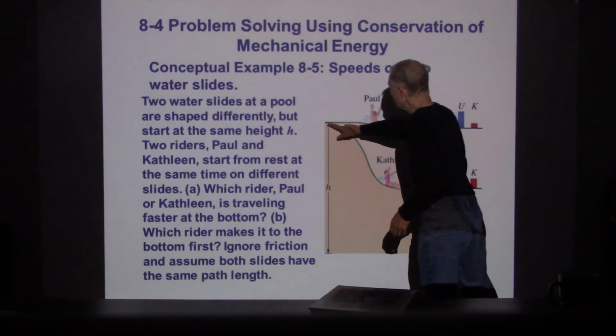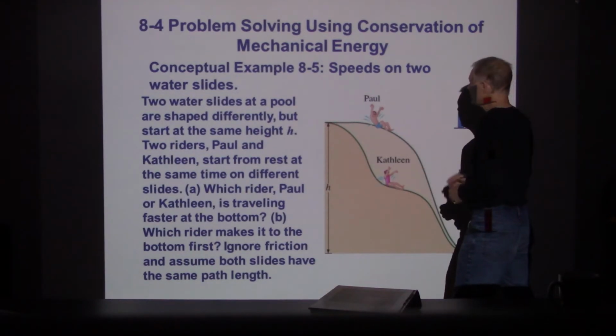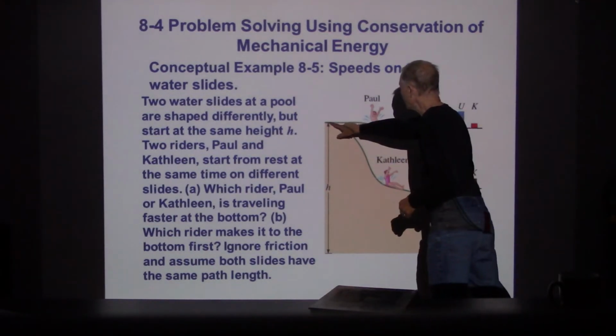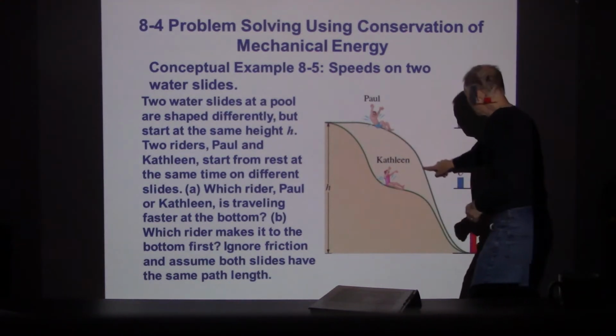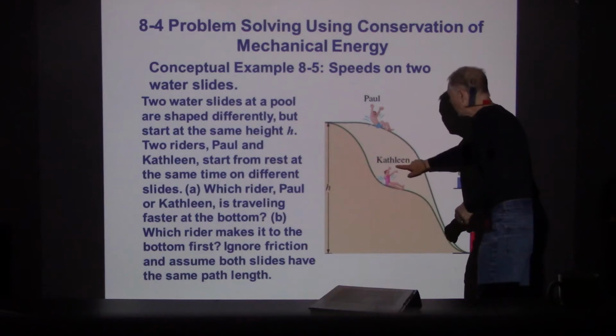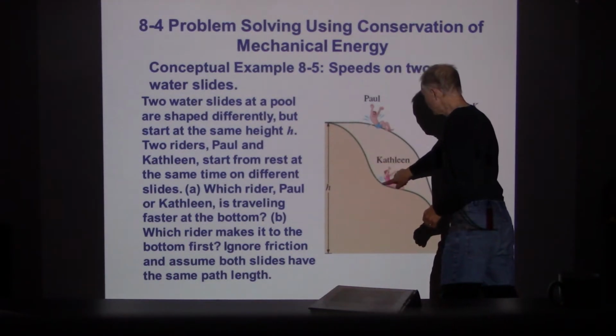If we look at these two people sliding down the slide, Paul here starts out going really slow and then picks up a lot of speed at the end. Kathleen, on the other hand, begins to go fast right away.